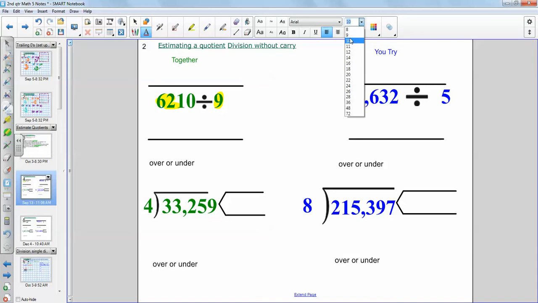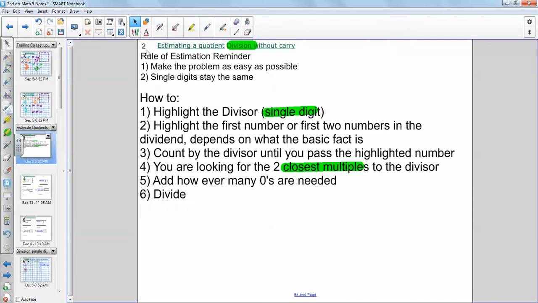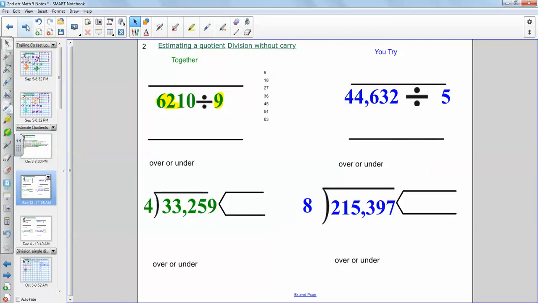Now we're going to write our multiples of 9. So we're going to write 9, 18, 27, 36, 45, 54, 63. Why do you think I'm going to stop at 63? Well, I'm going to stop at 63 because my rule said I'm looking for the two closest multiples to my dividend.